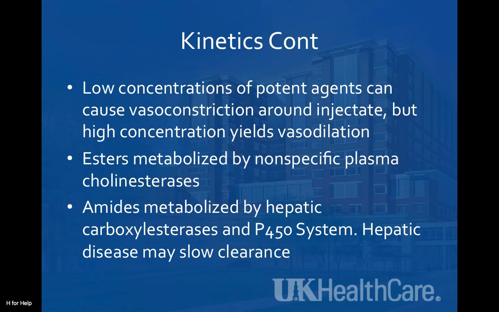So interestingly, in looking at the kinetics in tissue injection models, some of the bench research has additionally shown that at lower concentrations of potent agents, so say normally we use 0.5% ropivacaine and we cut that down to like 1/8% ropivacaine, for the tissue injectate, at the lower concentrations, you actually get some properties of vasoconstriction.